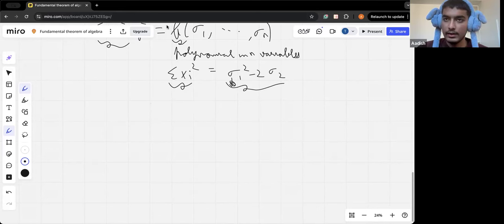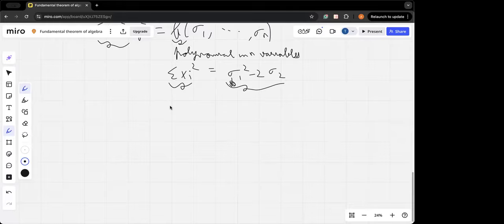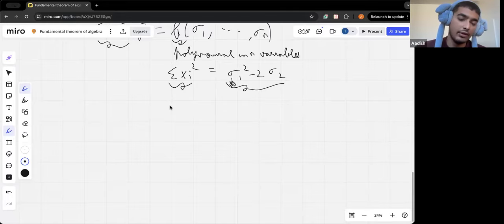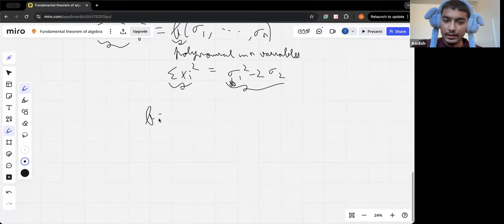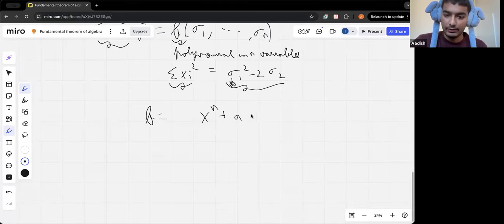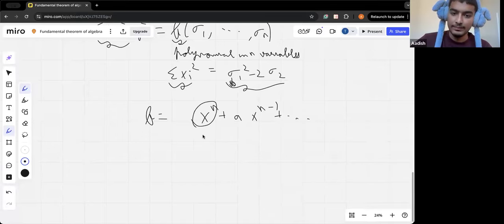Wait, how are you defining the degree of a symmetric polynomial? The sum of the degrees of the powers. That is how you define degree normally. Inducting on that is a little bit hard. The point is, when you have a single variable polynomial, x to the n plus a x to the n minus 1, whatever, if you want to go from degree n minus 1 to degree n, you only have to get rid of one term, x to the n.